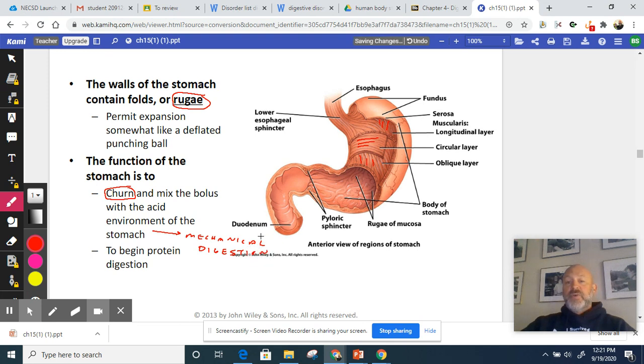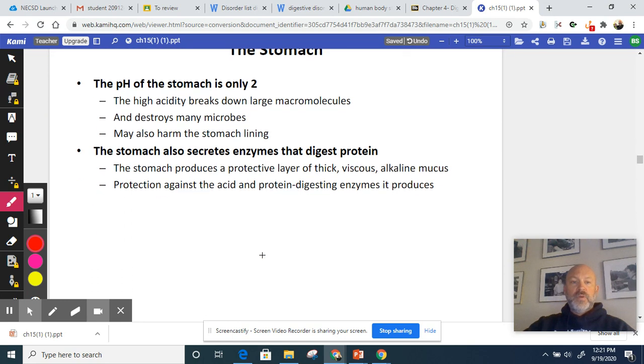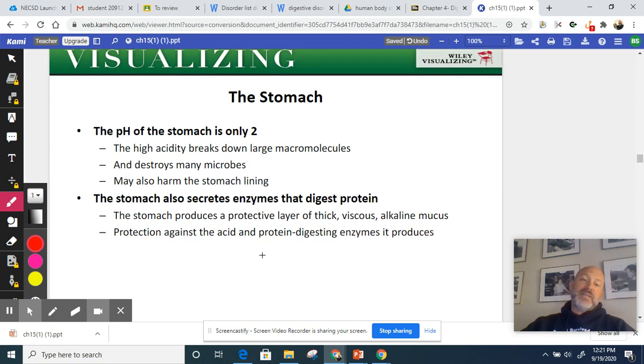But there are also enzymes in here that will begin to digest proteins. Remember, in the mouth, we had enzymes breaking down carbohydrates. Now that we're in the stomach, we can start to break down proteins. If we look inside the stomach, there is a strong acid called hydrochloric acid.